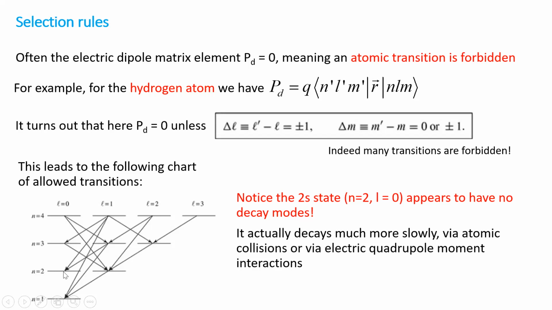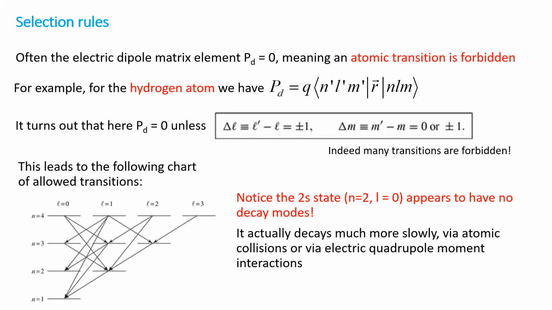It can't go down from N equal 2, L equals 0 down to this, because that would be L equals 0. L has to change. So it could go to N equal 1, L equal 1, but that's not an allowed state. N equal 1 only has L equal 0. So there's no state that N equal 2, L equals 0 can decay to that fits the selection rules.